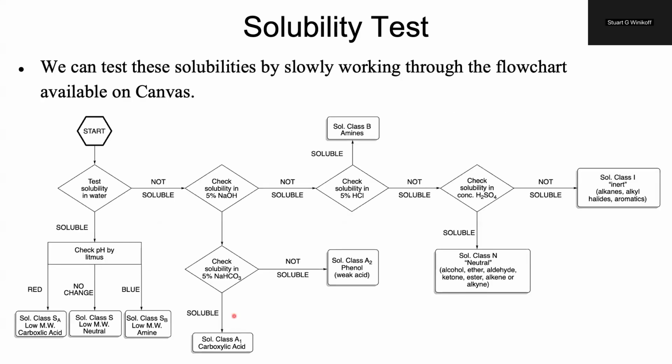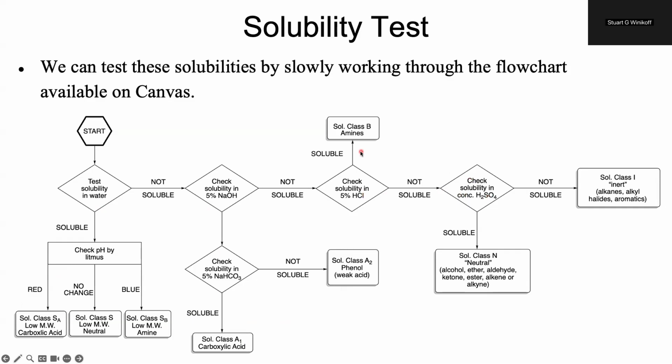And we can do this by walking through a flowchart available on Canvas, where you start by testing the solubility in water. If it's soluble, based on the pH, we know if it's more likely to contain an acid group or a base group. Then we can see if it dissolves in base. Depending on the strength of base, we can figure out the strength of the acid. Then we can try and dissolve it in various acids. Based on how soluble, it will tell us how easy it is to protonate.